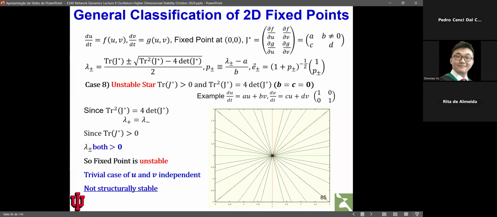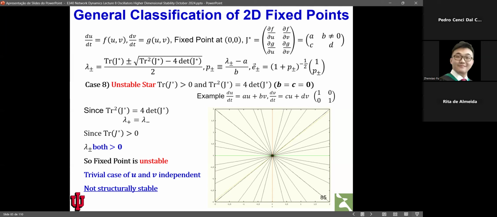Okay. And I can have the other way around. I could have something where both are larger than 0. If both are larger than 0, we know it's going to be unstable because for the stability condition we are studying, you should have the trace of J star less than 0.